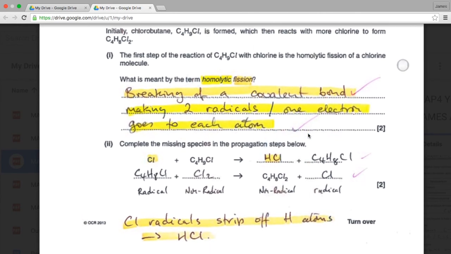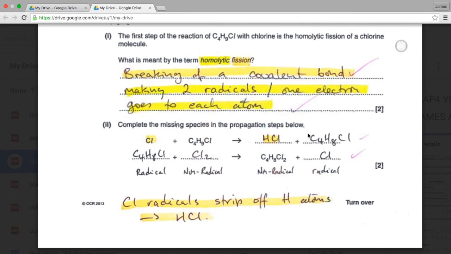Complete the missing species in the propagation steps below. So this much was given, and I've just written underneath a reminder that in any propagation step you have a radical reacting with a non-radical. So there's your radical, there's your non-radical.